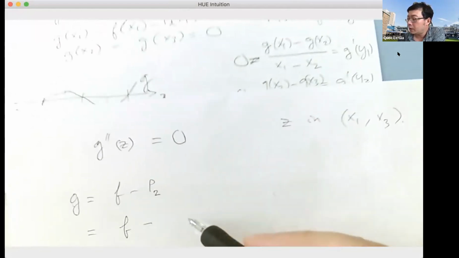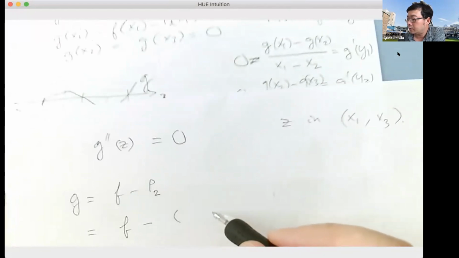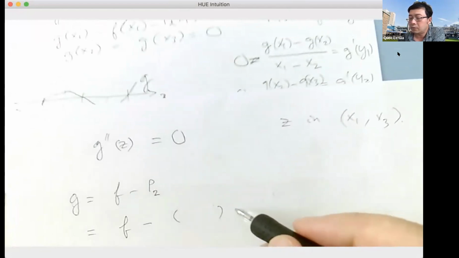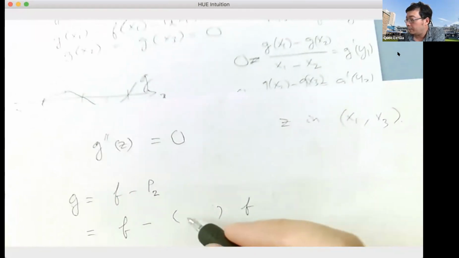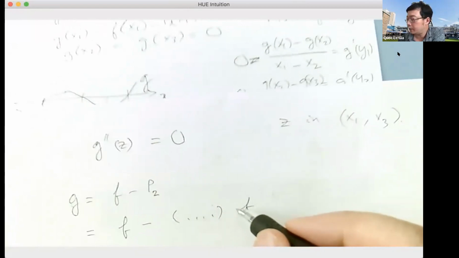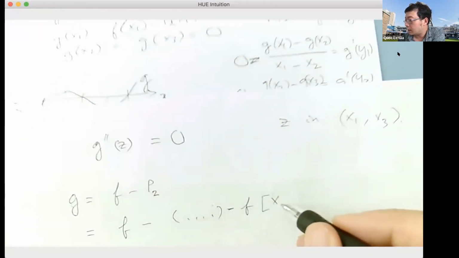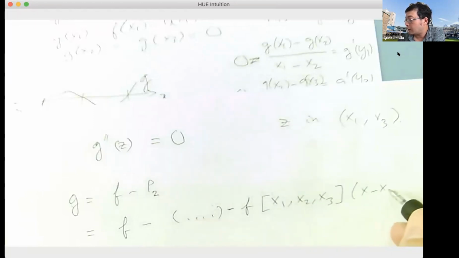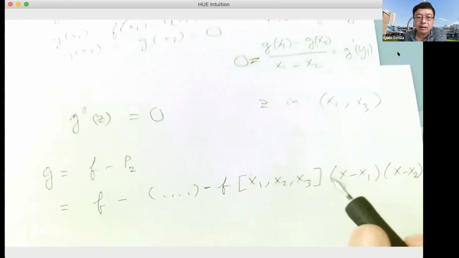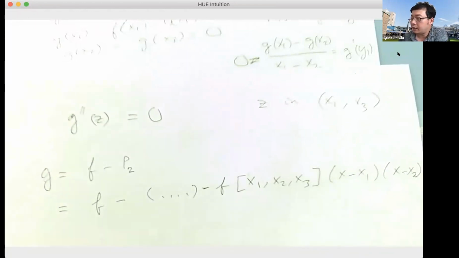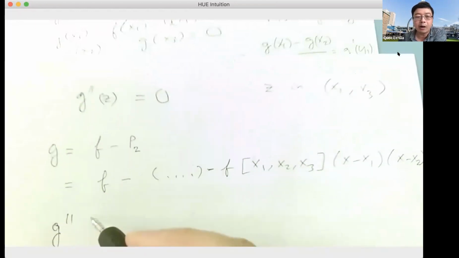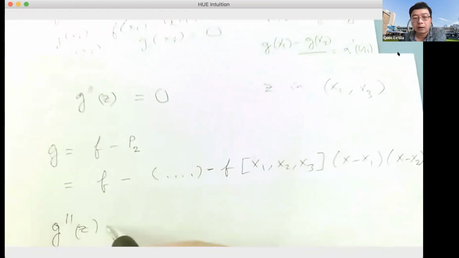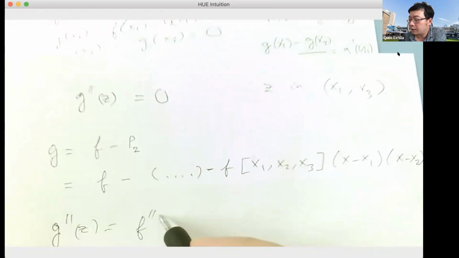But p2 is something, you don't worry about the lower terms, but the last term will be, dot dot dot, I just write the lower terms, but the last term is f[x1, x2, x3] times (x minus x1)(x minus x2), right? Why do I say that? Because if you take the second derivative, this one becomes g double prime at z, and this one f double prime at z.